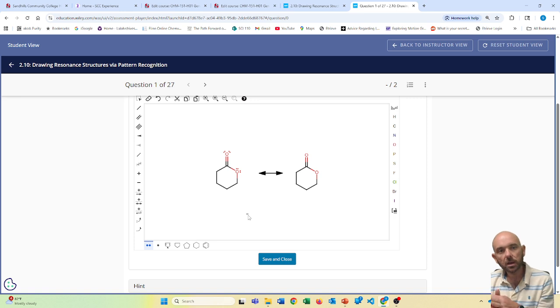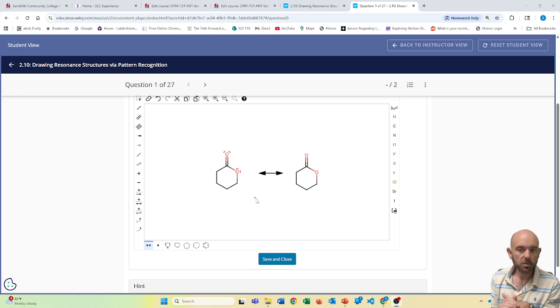Also keep in mind that a lone pair adjacent to a pi bond is going to need two arrows, and when that happens, what we usually see is the pi bond moving. You should start by putting lone pairs on those oxygens, and then adding some arrows that follow the lone pair adjacent to a pi bond pattern.